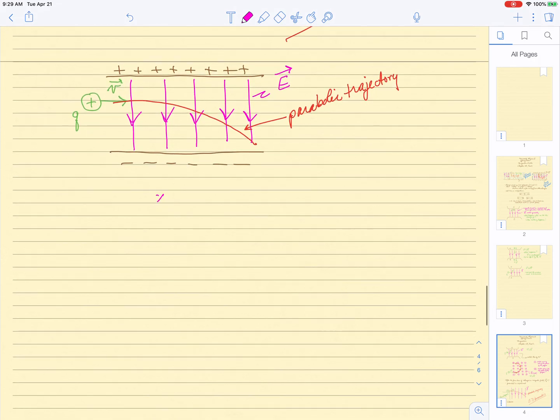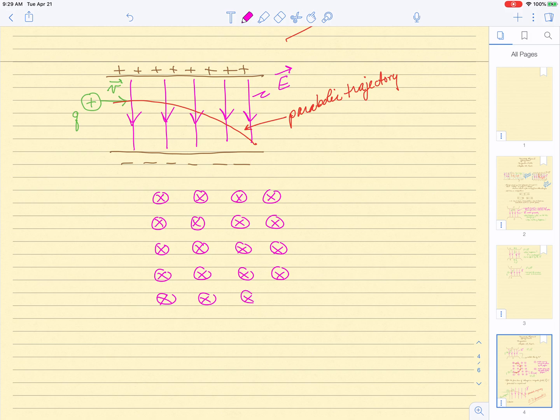So again, we have our magnetic field into the plane of the paper. So this is B into the plane of the paper.